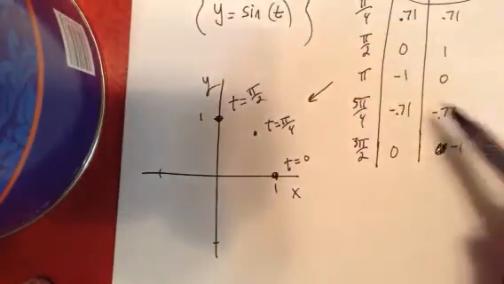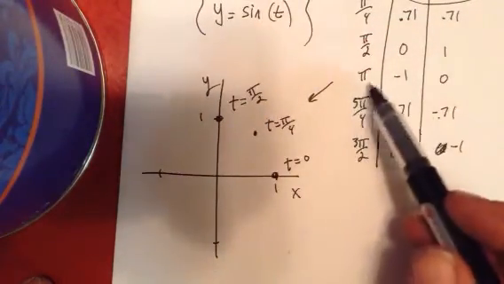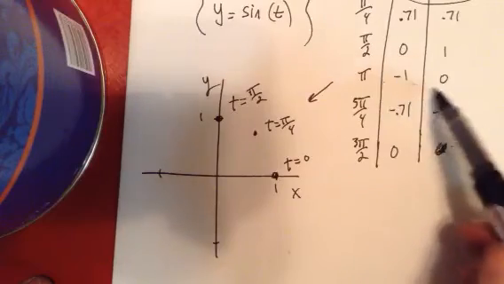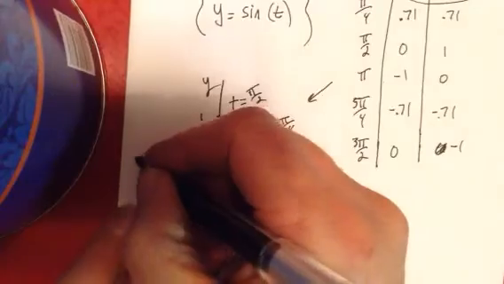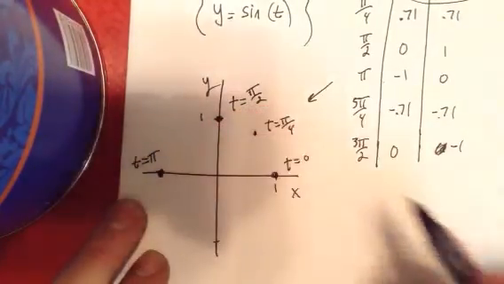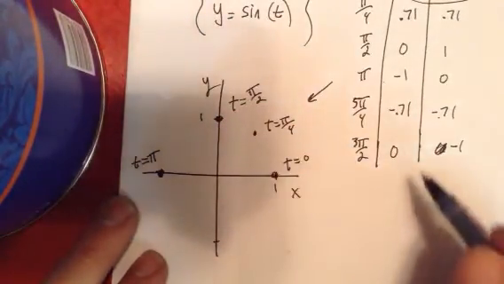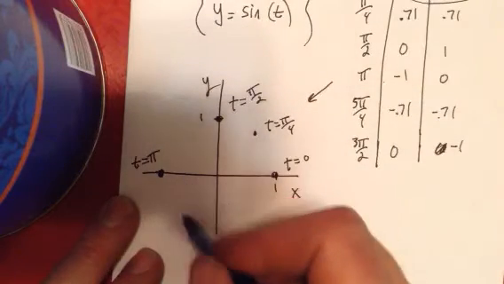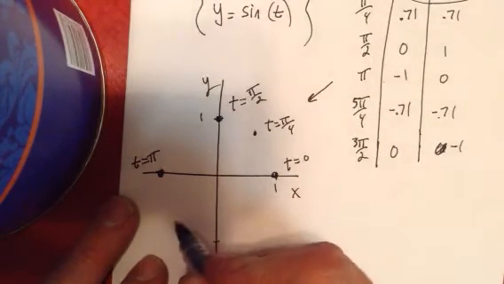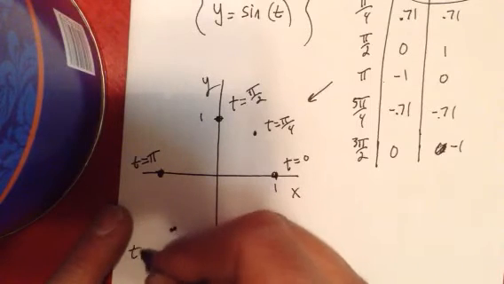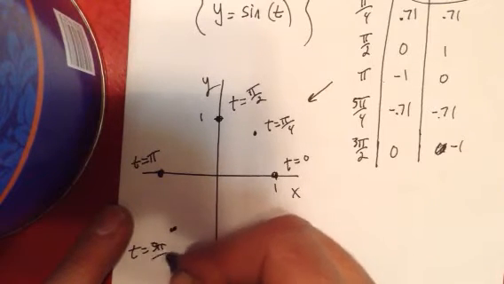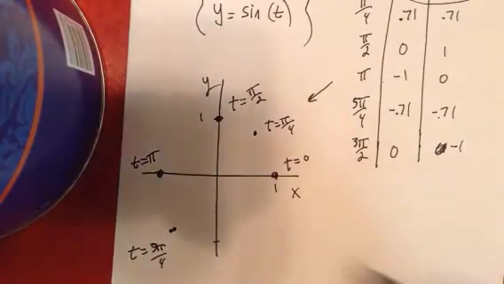Maybe this is starting to look familiar. Next point is -1, 0. Over here, t equals pi. Hey, wait a second. What's going on here? -0.71, -0.71. We're over here now. Chugging along into the third quadrant. And then around here.